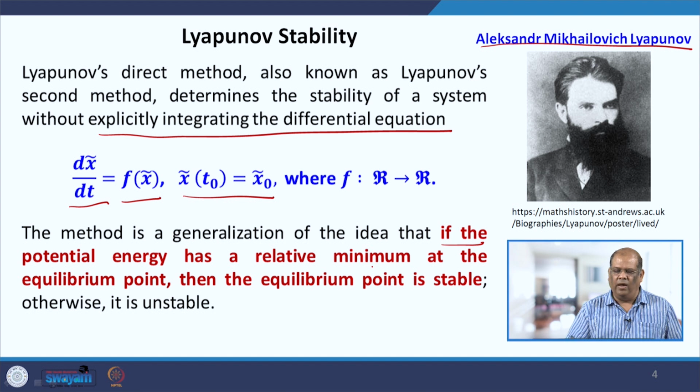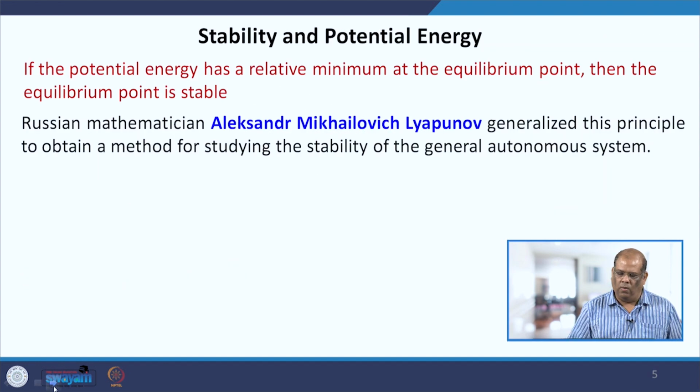So, basically if you have a minimum potential energy, then your equilibrium point is stable, otherwise it is unstable.